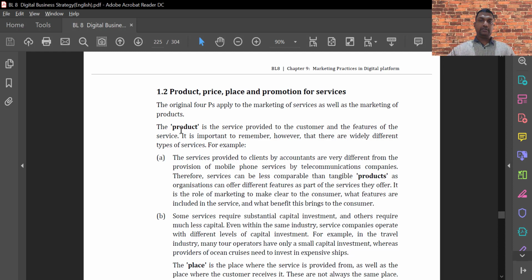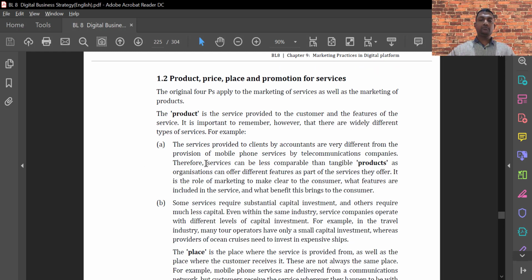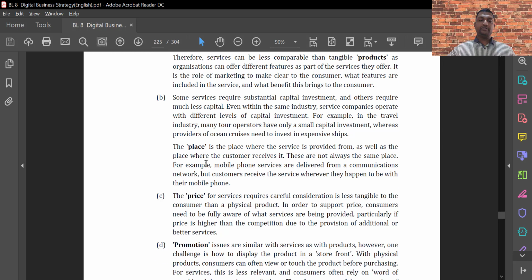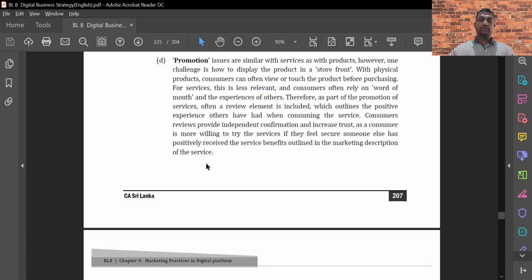So in service marketing, when we say the product, this is the service which is provided to the customer, and whatever features in that service the customer can experience, that is also part of the product. So these services can have different types, and there are variations.